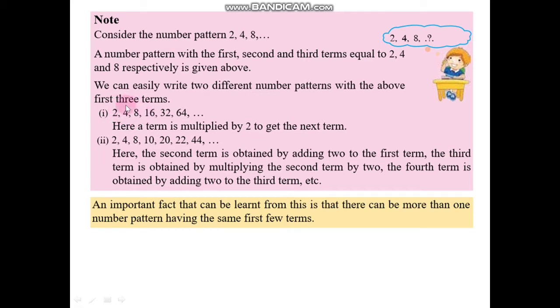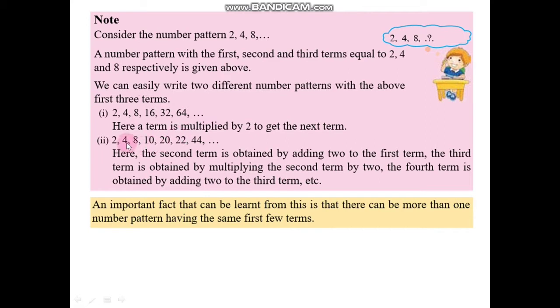How have they obtained? We have multiplied the second term by 2. Means 2 into 4 is 8. Fourth term, 16. How have they taken 16? They have multiplied this 8 by 2. 8 into 2 is 16. Such way they have formed this number pattern.